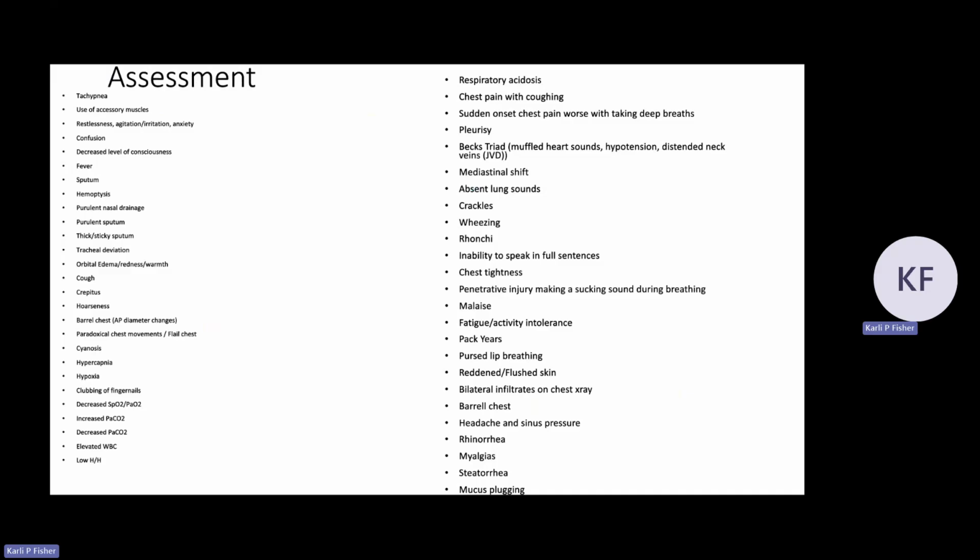Obviously, we talked about use of accessory muscles and restlessness, confusion, decreased levels of consciousness. So that means we're presenting with lethargy, confusion. Maybe we're even hitting more of that comatose-like state. Fever, and then sputum. You guys know that sputum is the secretions that come up when we've got secretions in our lungs.